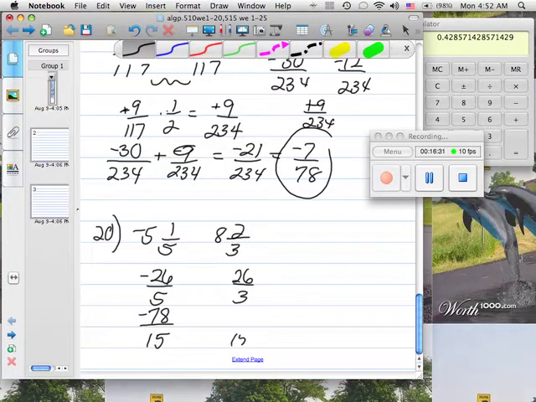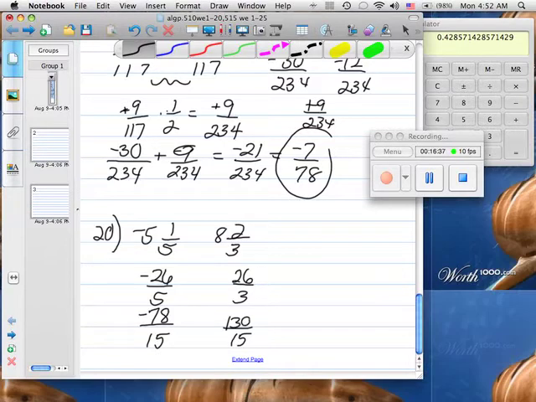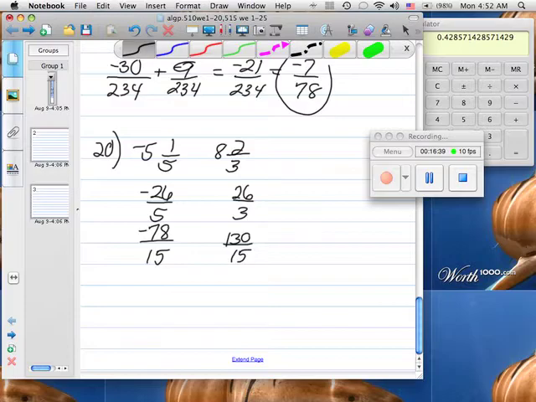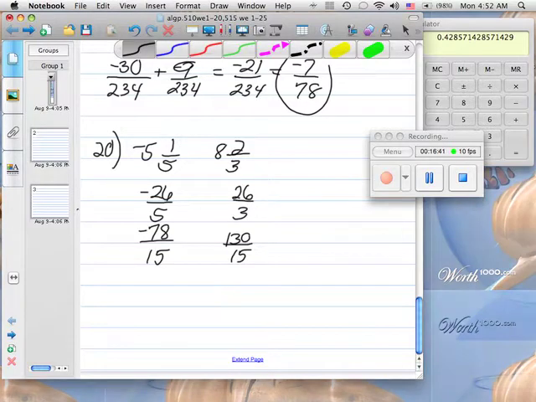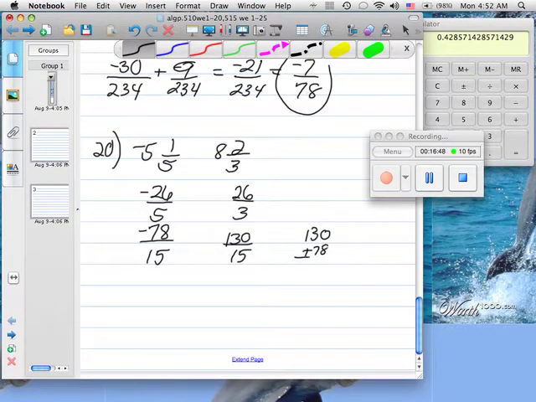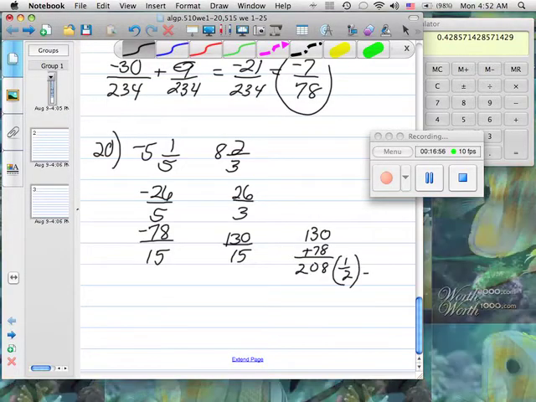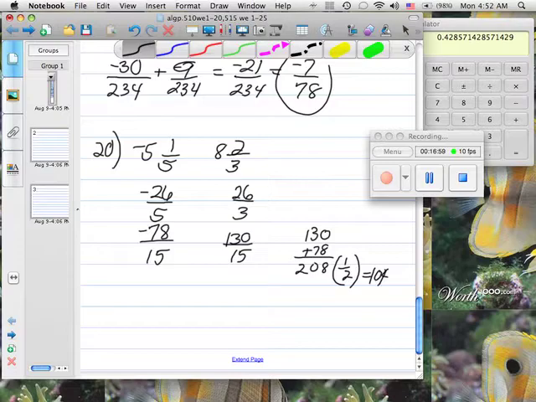And 3 goes into 15, 5. 5 times 26 would be 130. So we can see the distance between 130 and 78, since they're on opposite sides, just add them together, is 208. And take half of that, which is 104, and we can add that to the smaller fraction.